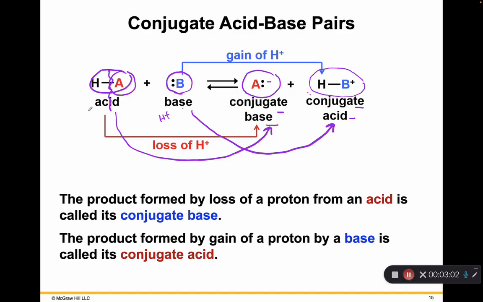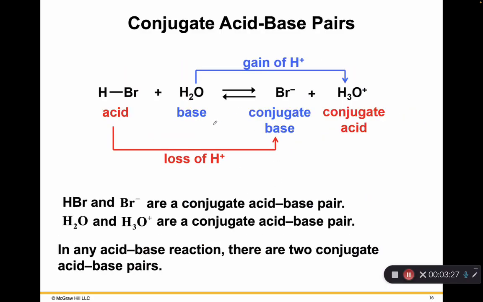So this acid with its conjugate base is known as a conjugate acid-base pair. The base with the conjugate acid is also known as another conjugate acid-base pair. So in total we have two pairs here, two acid-base conjugate pairs.